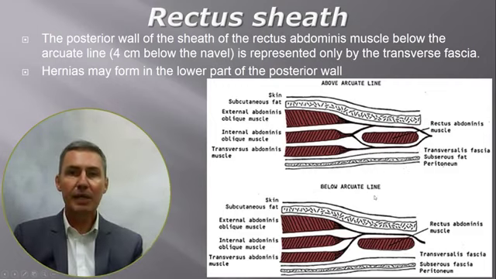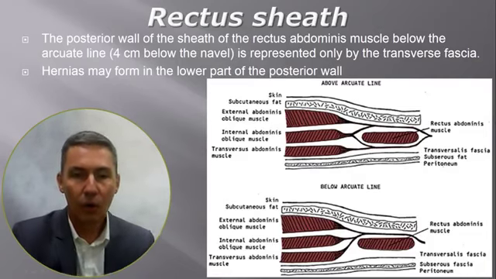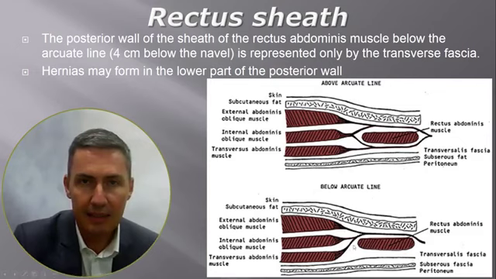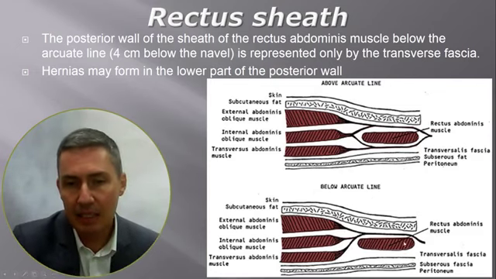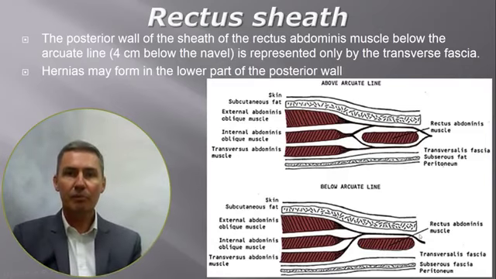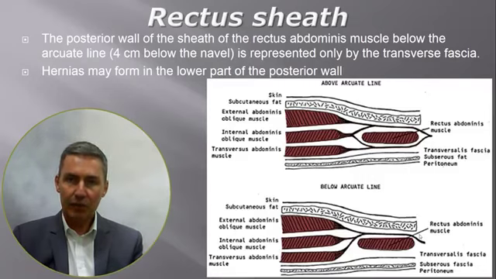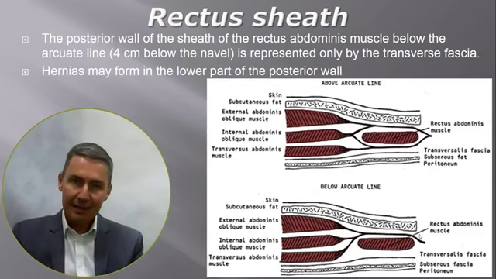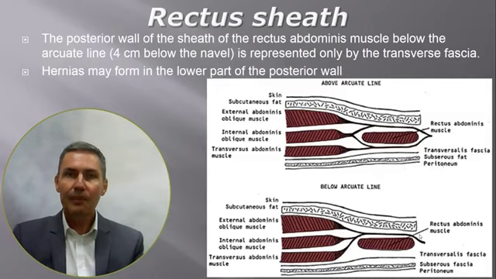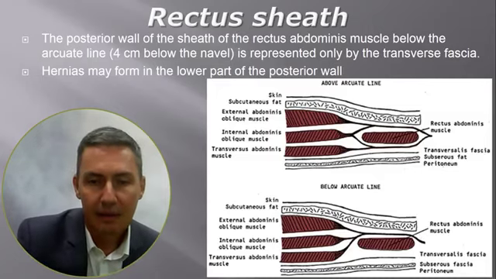What happens below the arcuate line? Below the arcuate line, all three aponeuroses of the broad muscles pass to the anterior surface of the rectus abdominis, forming something like a connective tissue belt reinforcing the anterior wall of the rectus sheath, because the pressure of internal organs is higher below, and this belt prevents extension of the organs through the muscle.